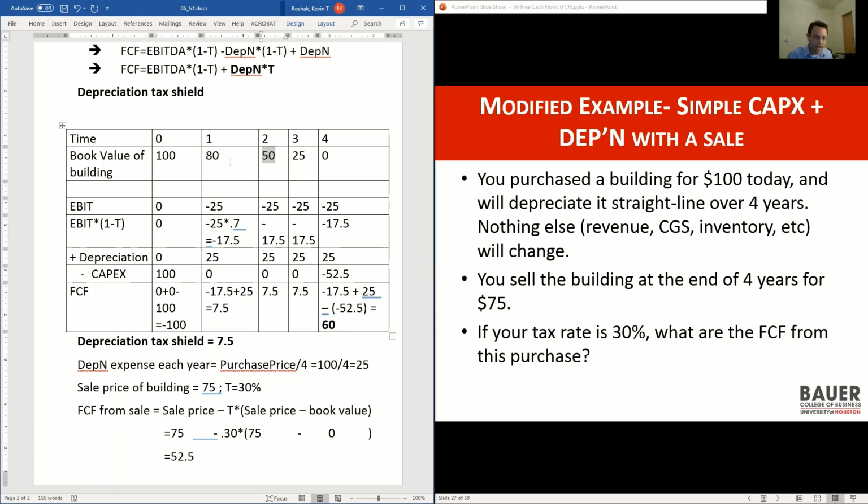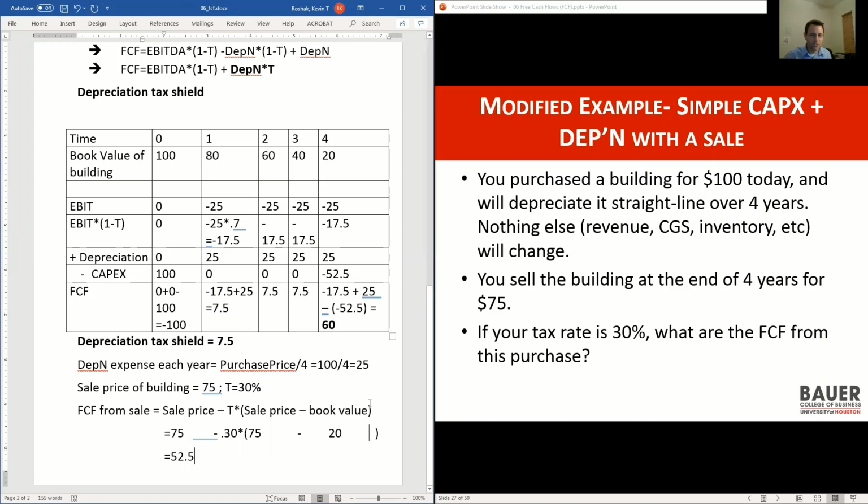So time 1 would be 80, time 2 would be 60, time 3 would be 40, and at time 4 it would still be worth $20. So when you sell it, what would be your profit? The profit would be the difference between the sale price and the $20 book value. Okay, and so the cash flow would be a little bit higher than 52.5 because you're not making as much profit on that sale, so you're not paying as much taxes on it anymore.